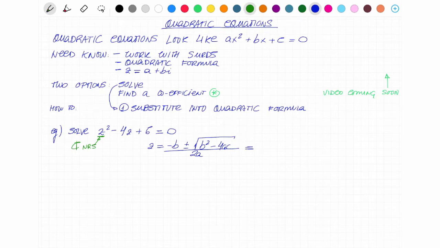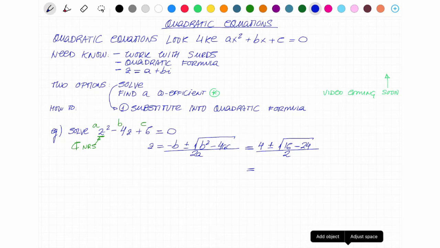So in our case, if we substitute in here, and remember, a, b, and c are your coefficients, minus b is going to be a 4, plus or minus the square root of b squared, which is 16, minus 4ac, which is 24, divided by 2a, which is 2. We got the substitution done, so now we just need to simplify.